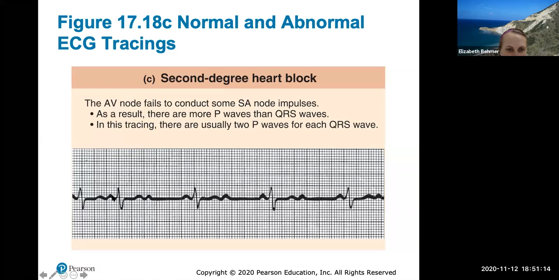So you have P, QRST, P, nothing, and then P, QRST, P, nothing. You get this 2-to-1 ratio, where 2 P waves generate only about 1 QRS complex. That's where the name second degree comes from. So that's a second degree heart block. And again, the heart block is in the AV node.